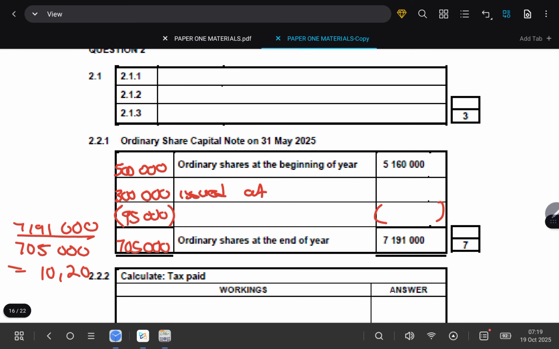Remember, when there's a repurchase, we repurchase at the average price in terms of recording on the ordinary share capital. So you will say 95,000 shares repurchased at 10 rand 20.